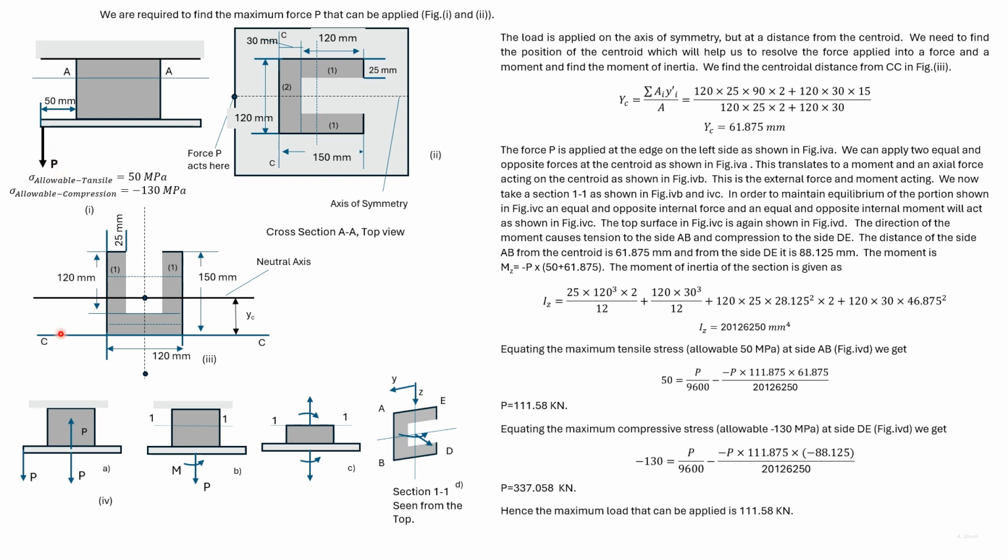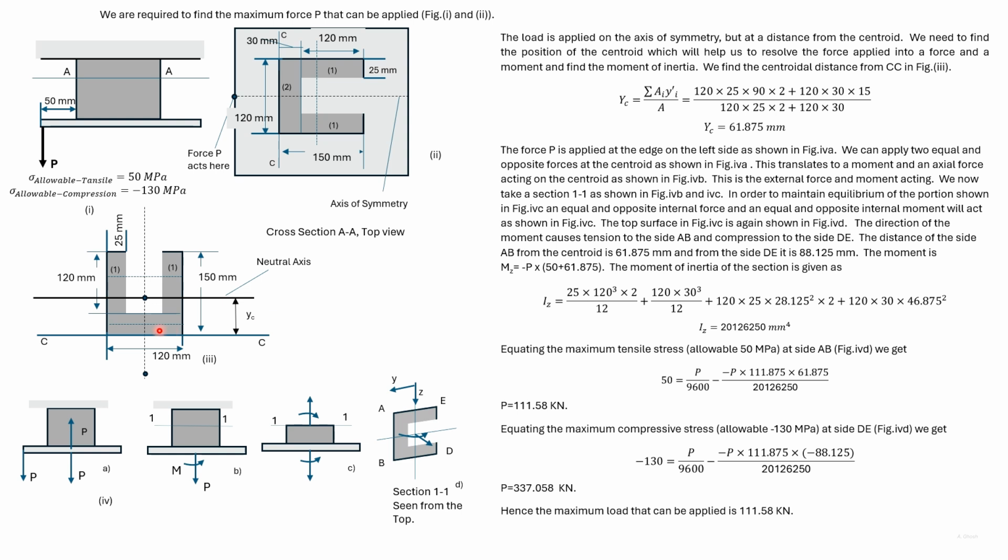As earlier, we have added two other forces P acting on the centroid that are equal and opposite to each other and parallel to the force P that was already acting.